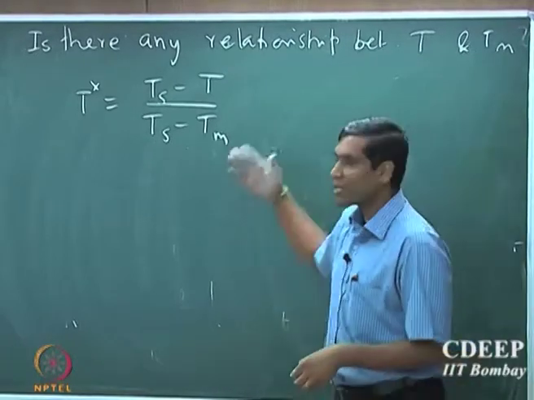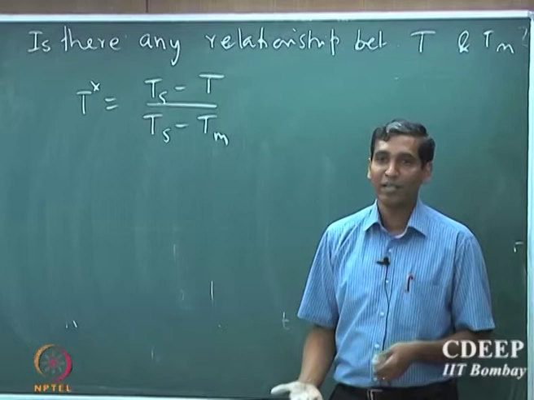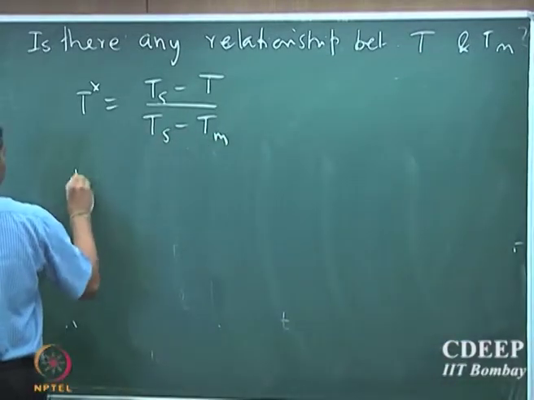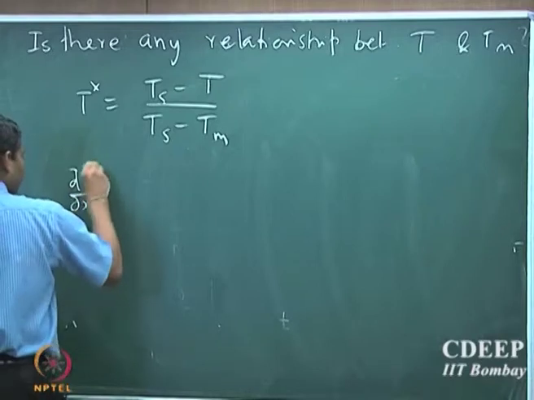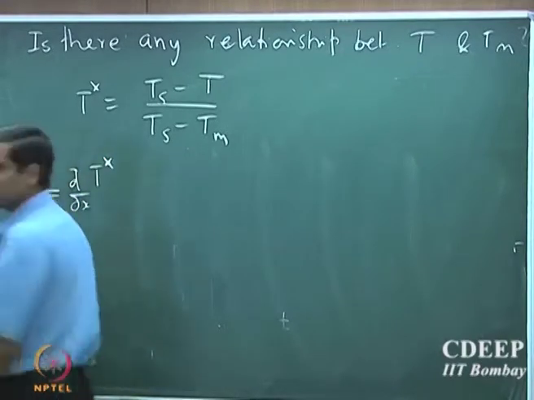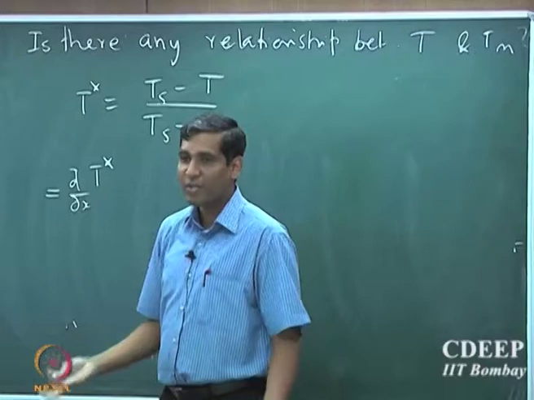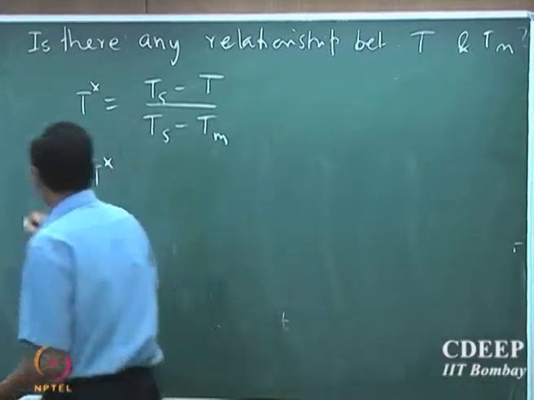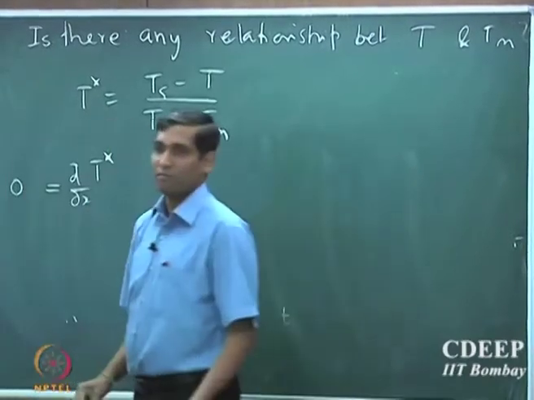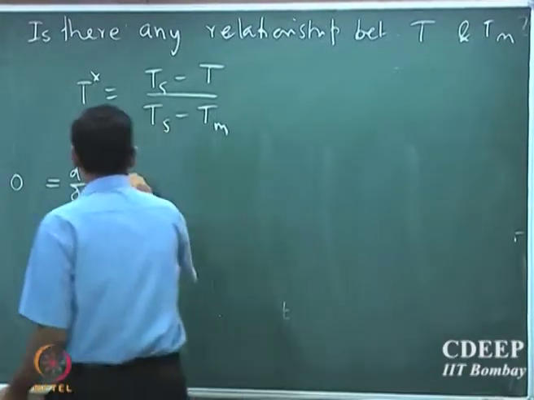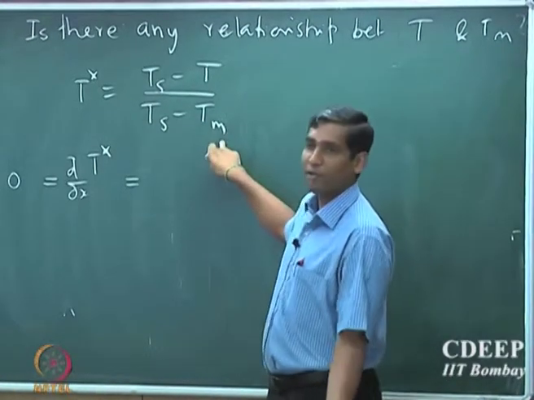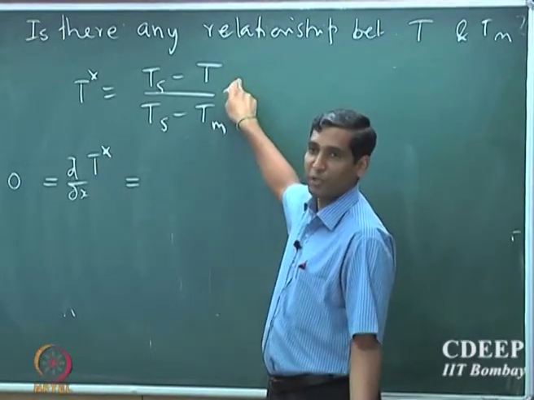Without solving, what is the maximum piece of insight that we can get? Now if I take the derivative of this with respect to x, what is that? That should be 0, right? T star is not a function of the axial position in the fully developed regime, and so that should be equal to 0. Ts is a function of position, Tm is a function of position, and T is a function of position, right?